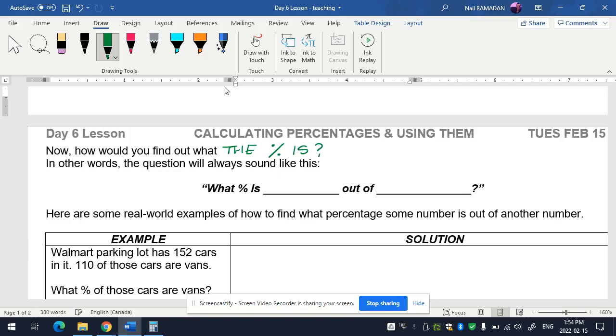In other words, I have to ask, what percent is something out of something else? Actually, this happens to be the easier question of the two. This page is easier than the first page. Okay? So here's another way of asking the Walmart parking question.